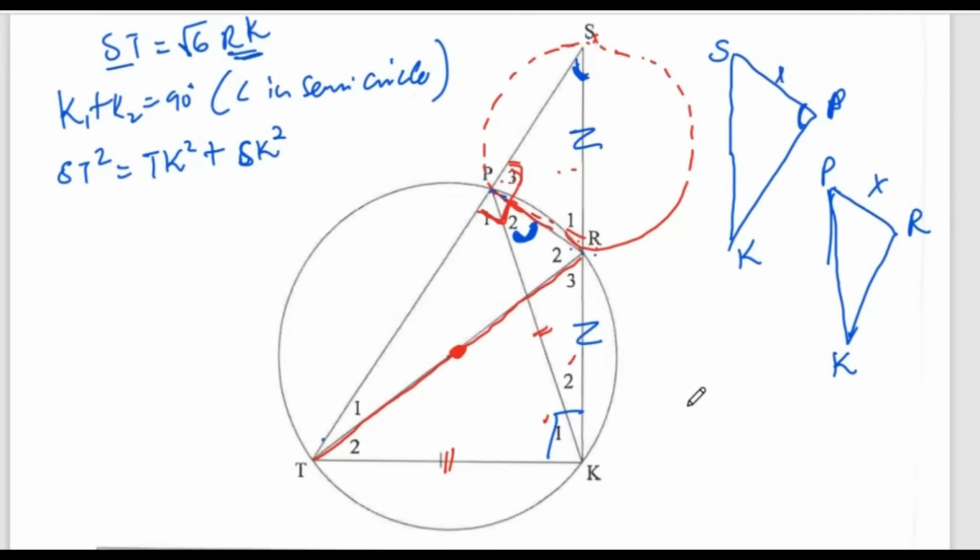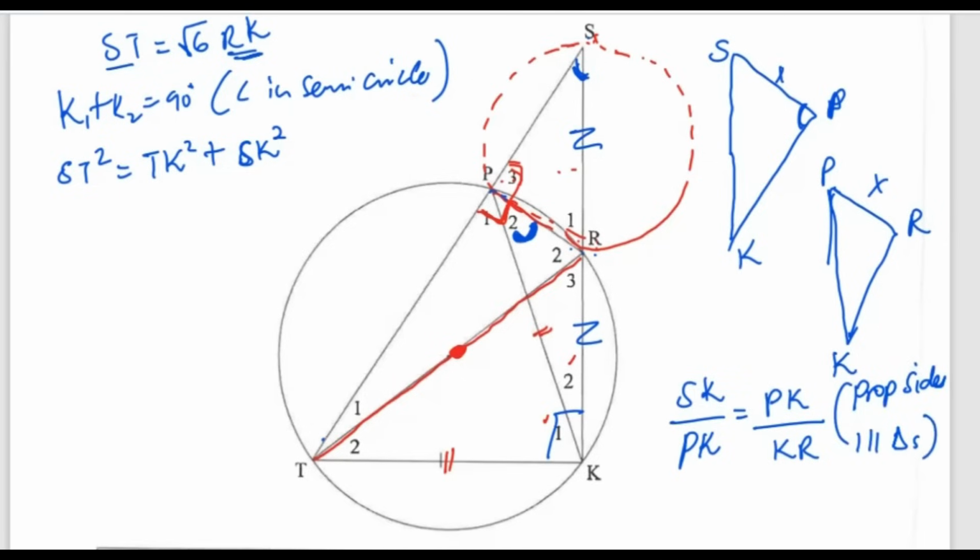Let me try to look at this. I'm going to say SK over PK is going to be the same as PK over KR. What's the reason? That's going to be the proportionality of sides because of similar triangles.